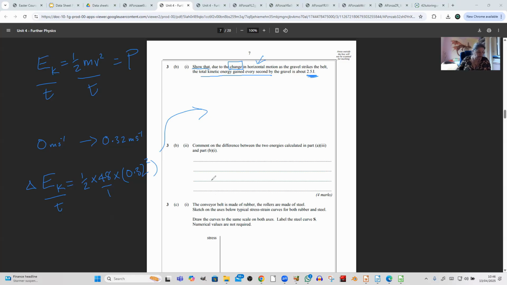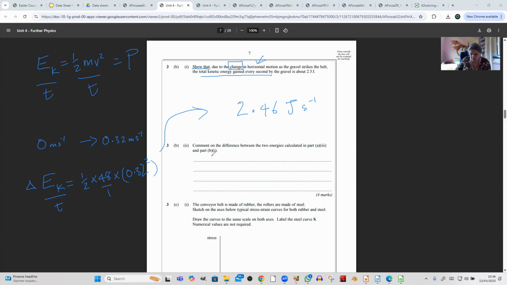When you actually do it, you get 2.46 joules per second. It actually works out differently if you use the 0.3, which was the original show that speed thing. But that's nearly 2.5 joules, which we've confirmed. But the fact that we have a show that means that we're going to be using that in the next bit. That's definitely going in the next bit.